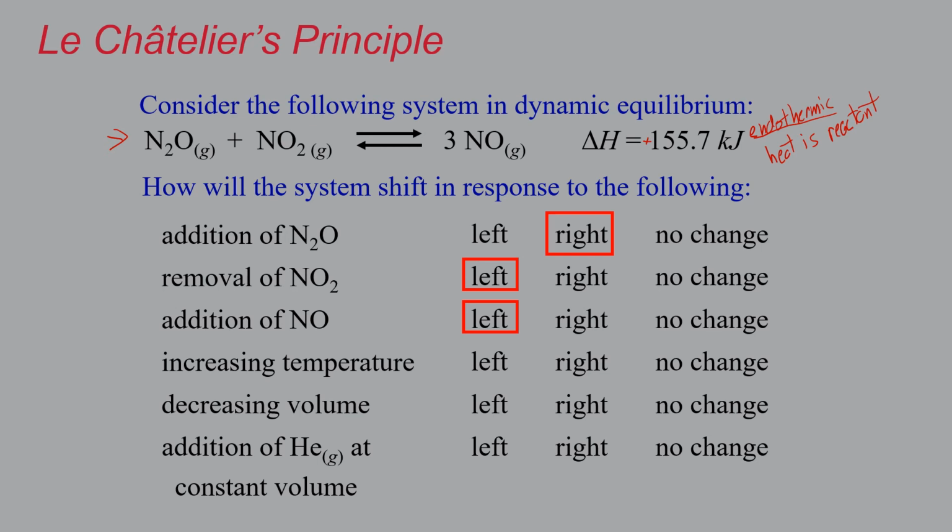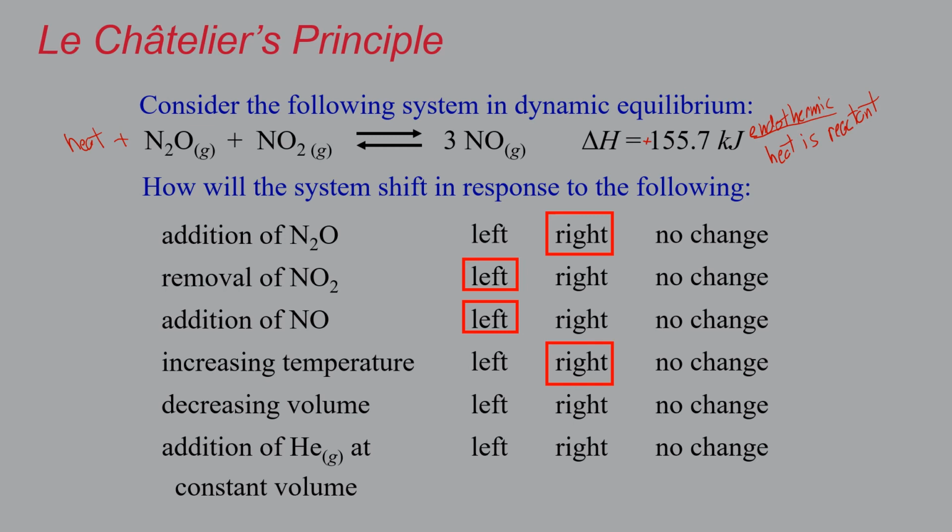So you could just say something like that, and then treat it, again, just as a reactant. And so if you increase the temperature, you're increasing the heat. That's the same thing as increasing one of the reactants, which means you'll react in the forward direction to counteract that.